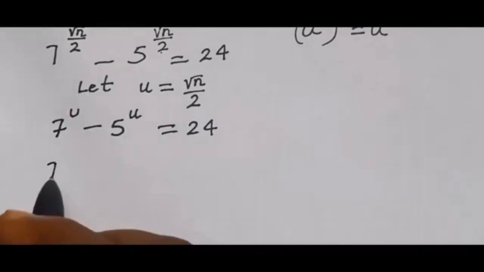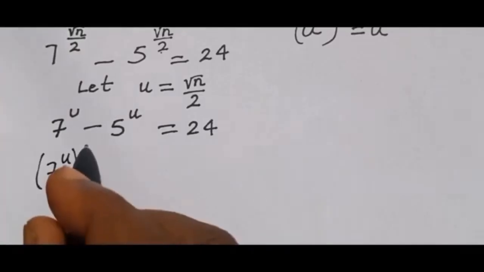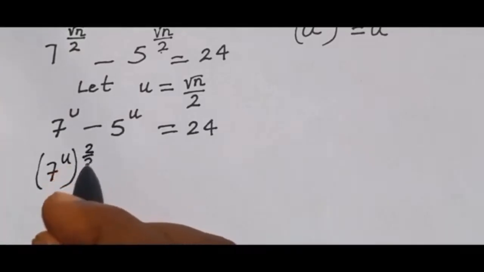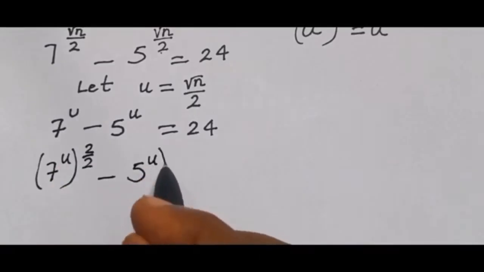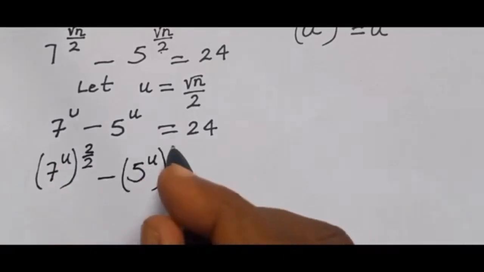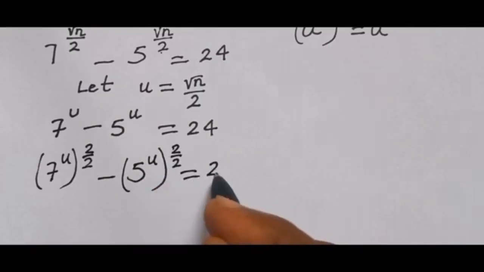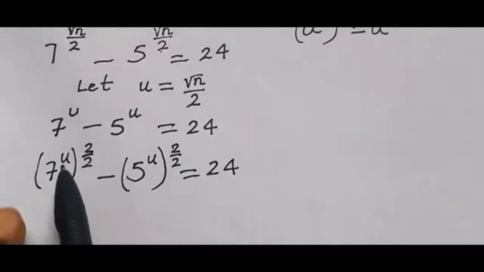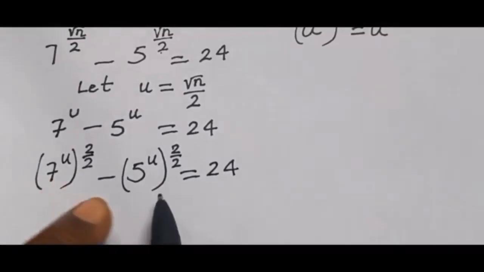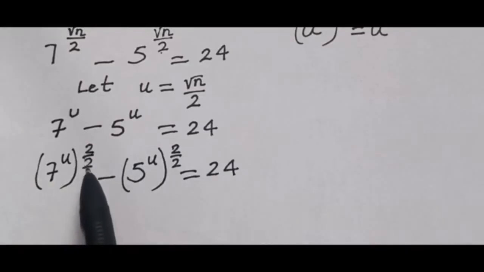So we have 7 raised to power u in the bracket raised to 2 over 2, minus 5 raised to power u in the bracket raised to power 2 over 2, equals 24. The question is why do we raise this expression and this expression both to power 2 over 2?